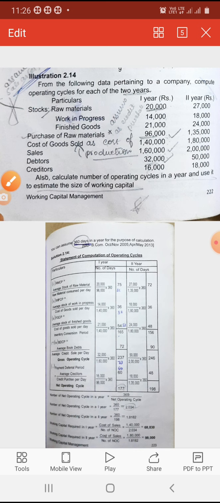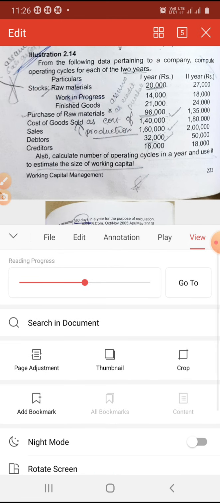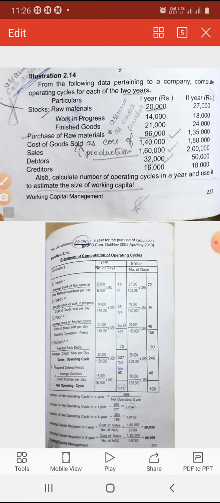Then comes the debtors conversion period. It is average stock of debtors divided by average credit sales per day. So 32,000 divided by 1,60,000. Credit sales is nothing but sales; whatever the sales amount is, the same amount is taken as credit sales.